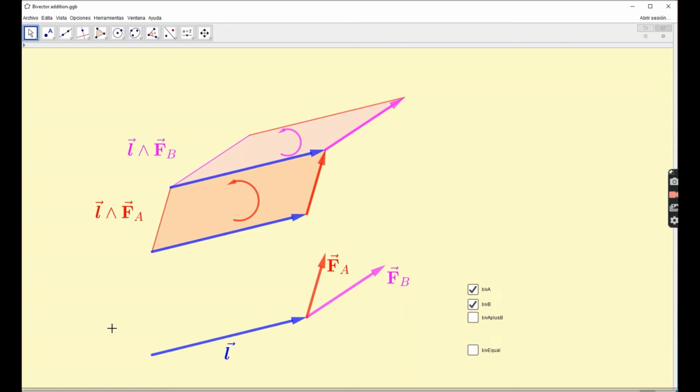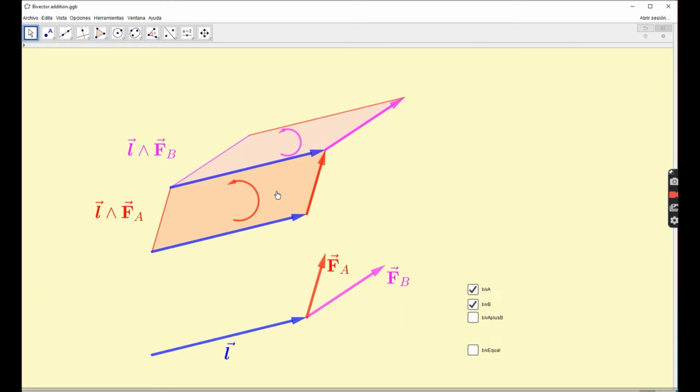So, let's look at this a bit. This is a bivector for the torque produced by force A, and this is the bivector produced by the force FB. Now, both of those have the same sense here.